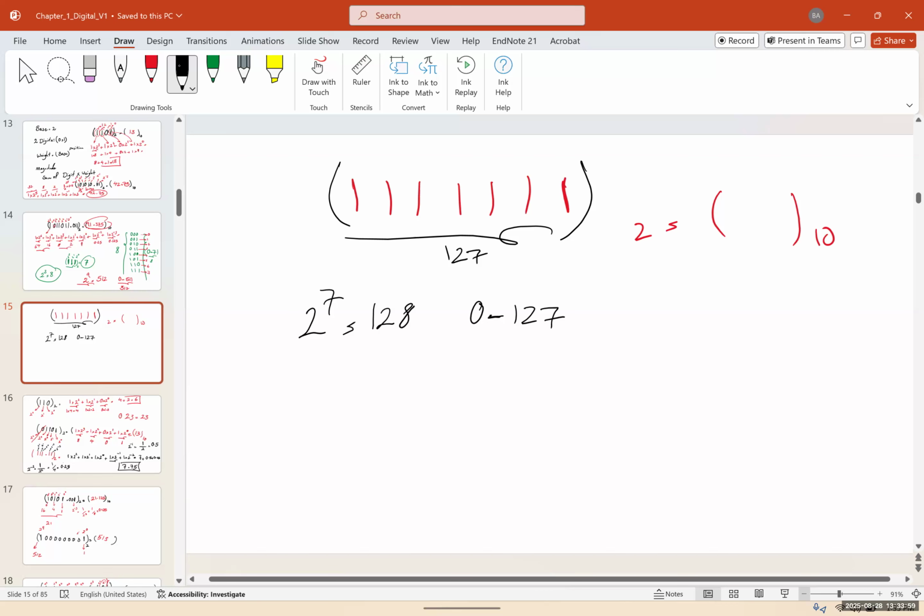Now let's do something else. Can you calculate this for me? 1, 2, 3, 4, 5, 6, 7, 8. Oh no. 7 ones, and the last one is 0. What is this number in base 10?